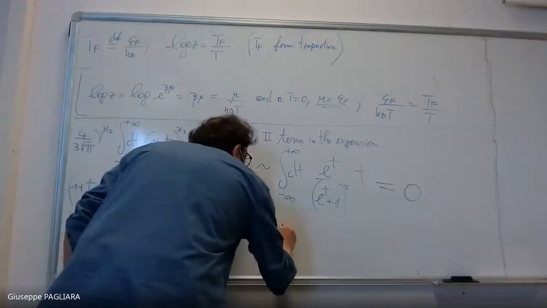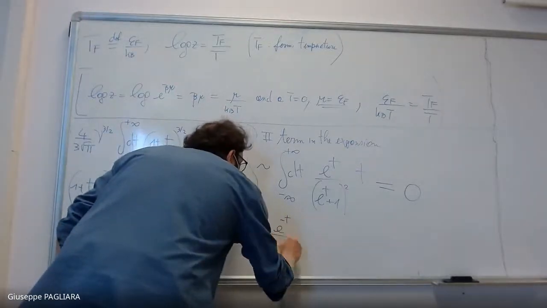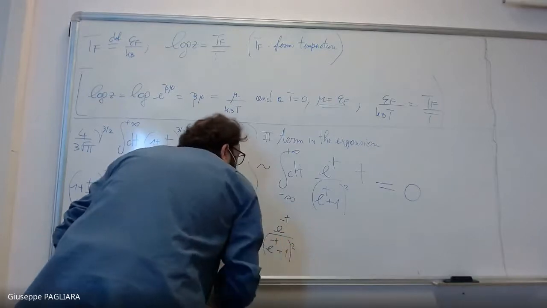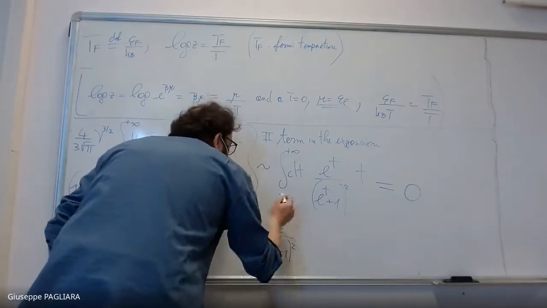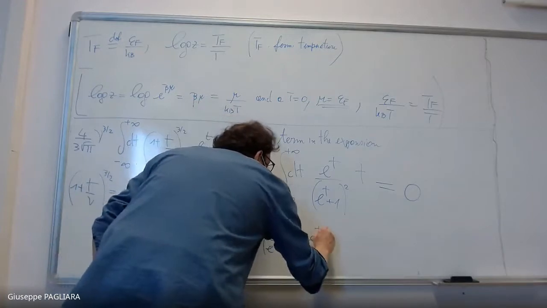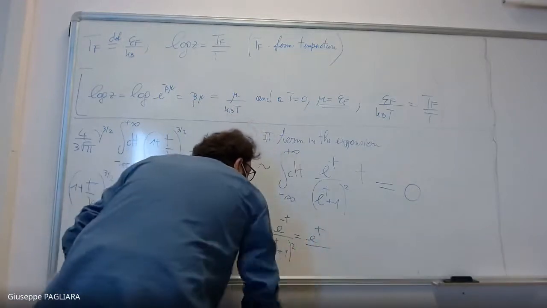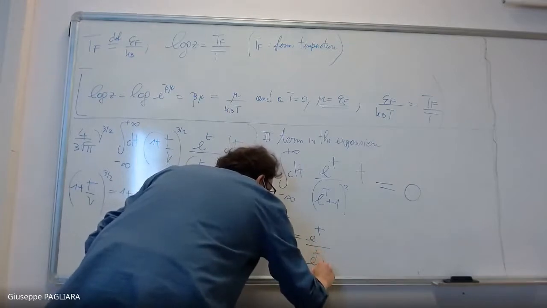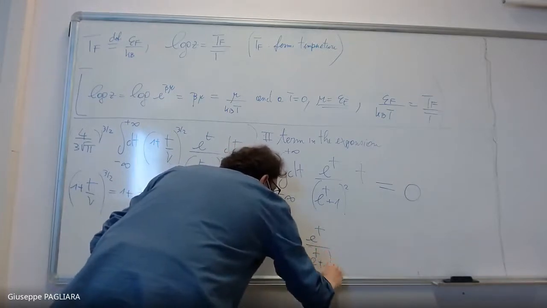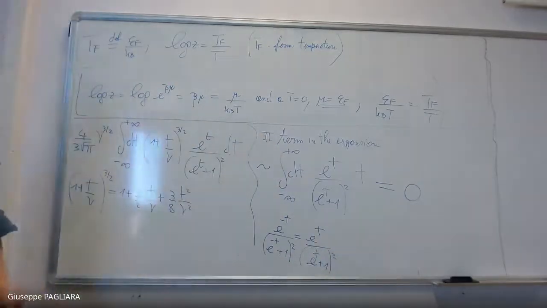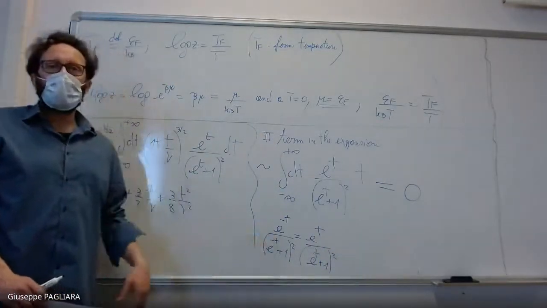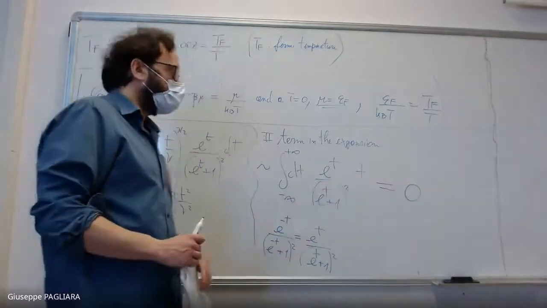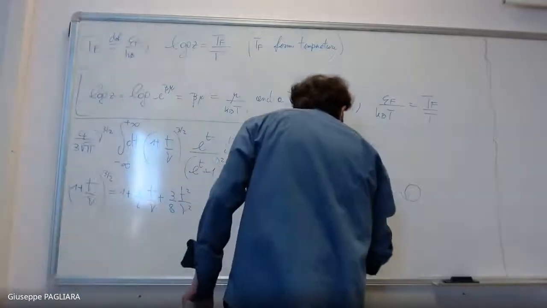Let me try to do one thing: e^(-t) and (e^(-t) + 1)^2. If I multiply by e^t, I have e^t over (e^t + 1)^2. And you can verify that this is an even function of t, whereas this is an odd function of t, before this is position.